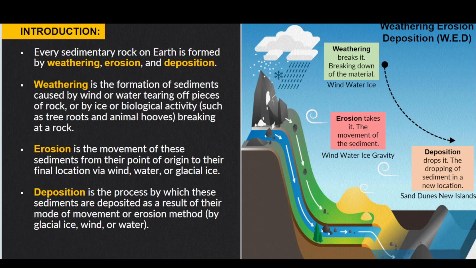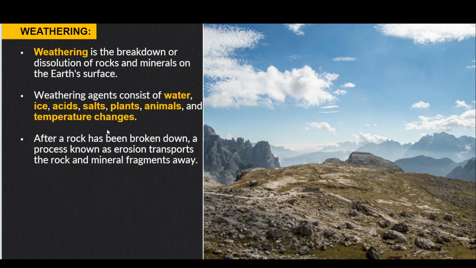Biological activity means the breakdown of rock can be caused by living organisms. For example, plant roots. A root grows into a crack in rock, and as the root expands, it exerts pressure and breaks the rock apart.